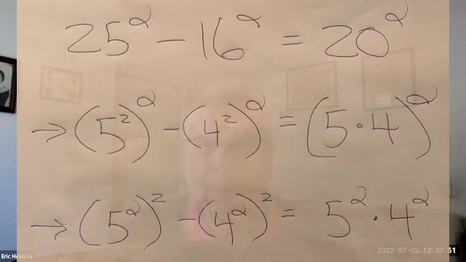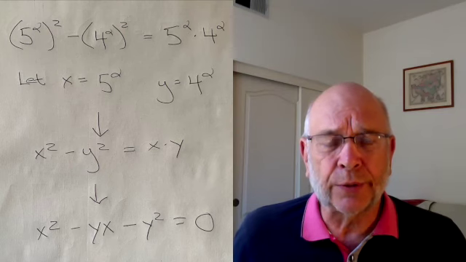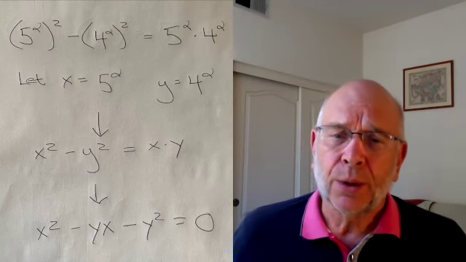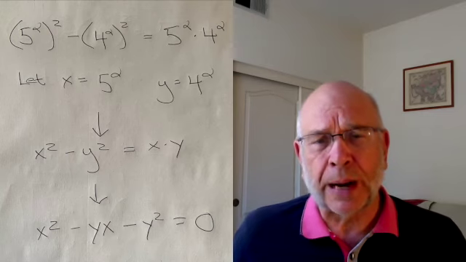We can do a substitution here. Let's define a new variable x to be equal to 5 raised to the alpha, and likewise a new variable y to be 4 raised to the power alpha.